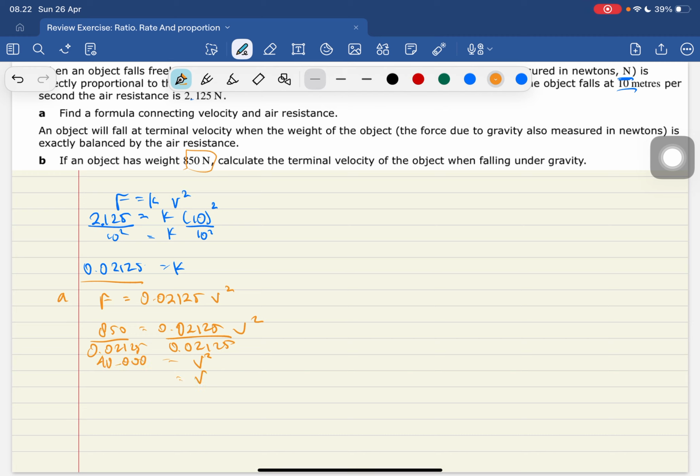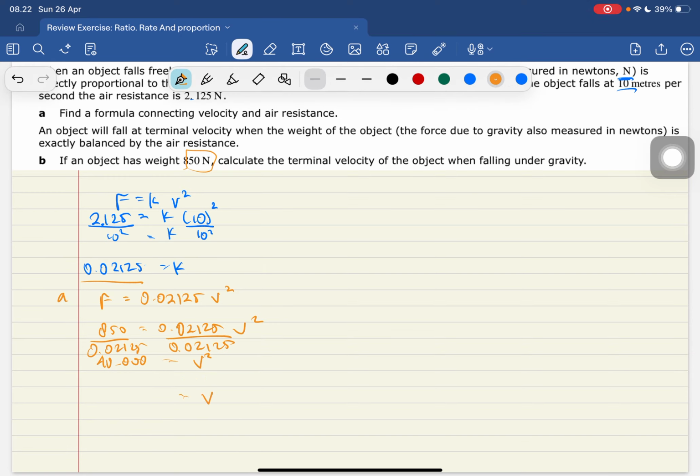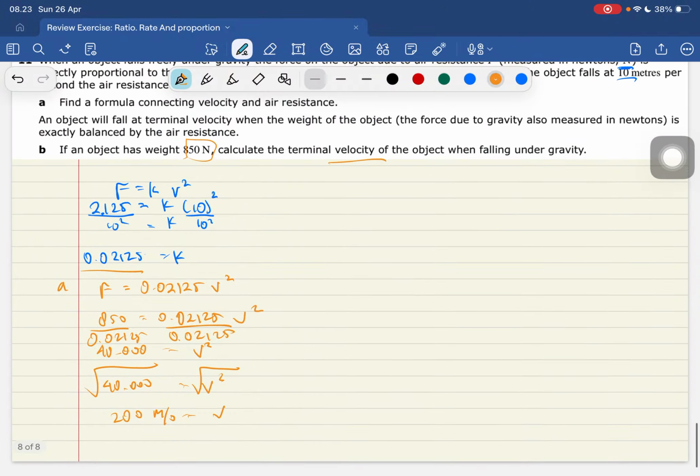Then we take the square root of both sides, and the square root of 40,000. So this is the velocity, the speed, and it is 200 meters per second. There it is. Thank you.